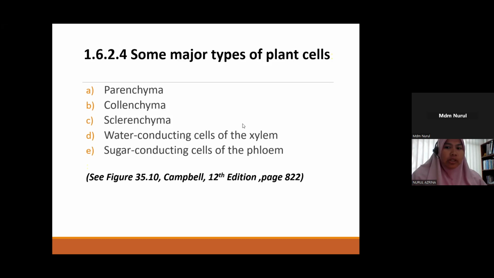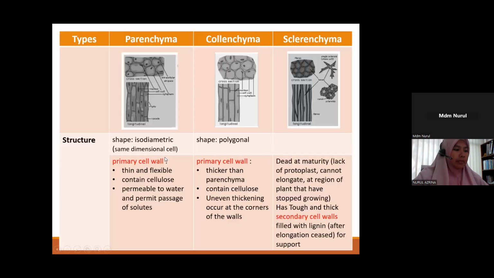So we are going to continue our discussion about some major types of plant cells, which include parenchyma, collenchyma, sclerenchyma, water conducting cells in xylem, and water conducting cells in phloem. You can see over here are three major types of cells that can be found in the ground tissue.